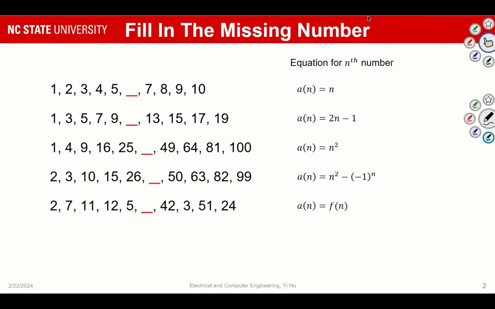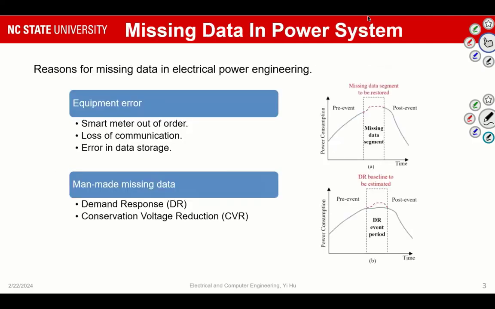So I have summarized something for you. I categorize two types of reasons for the missing data in power system. The first one is the error in equipment. For example, the smart meter does not work for a period of time, or the sensor is okay, but the communication link is broken, so nothing will be recorded.